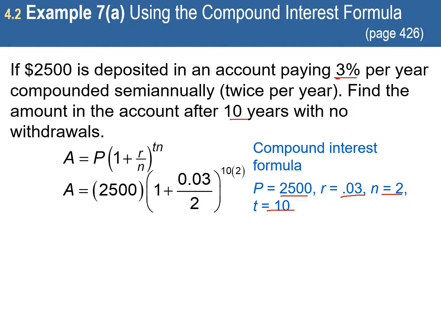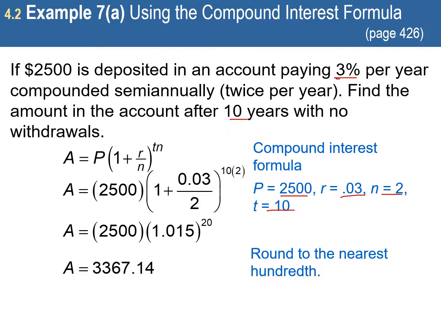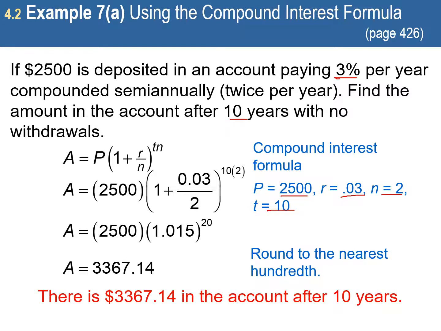So substituting this in, I'm going to have 2,500 times 1.015 to the 20th. We always, on money, round to the nearest hundredth, so it's 3,367.14. These are pretty much always going to be calculator problems.